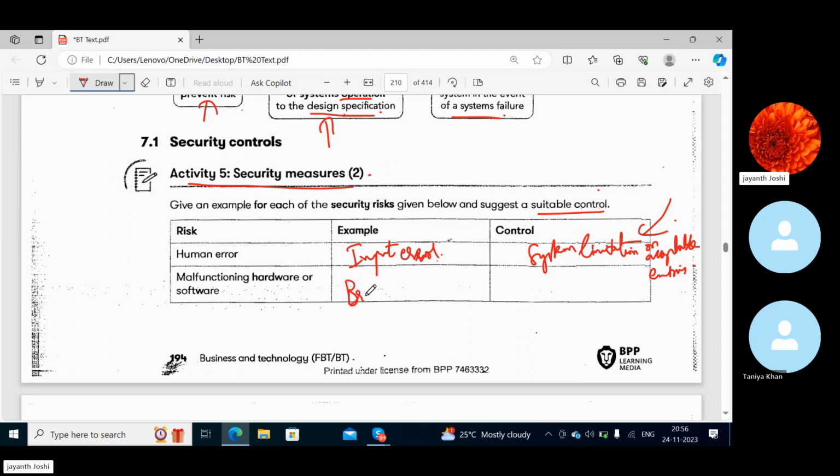Breakdown due to poor treatment. That means you're not properly taking care. Proactive maintenance and user education is required.